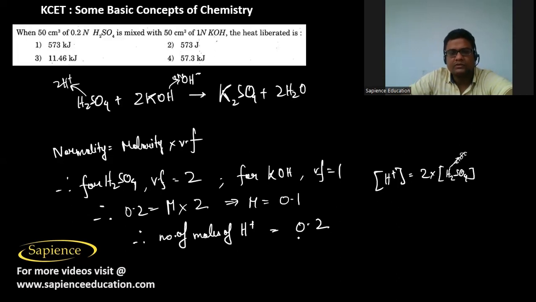So the number of moles of H plus will be equal to 0.2 normal times 0.05 liter.